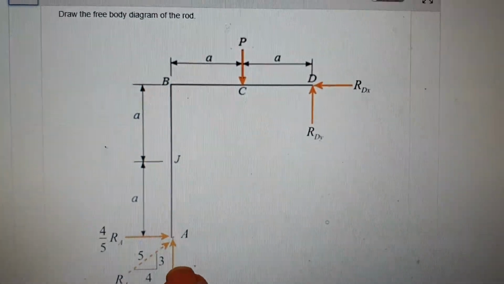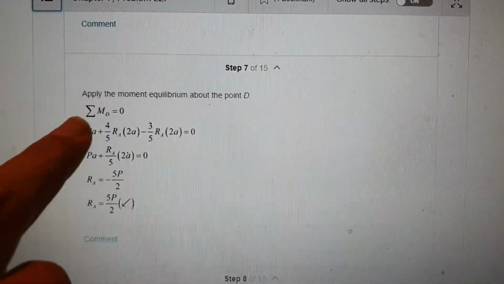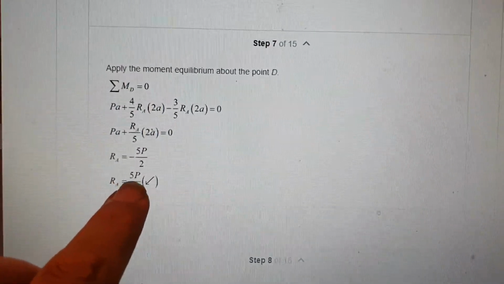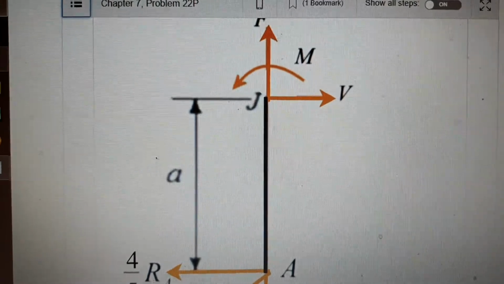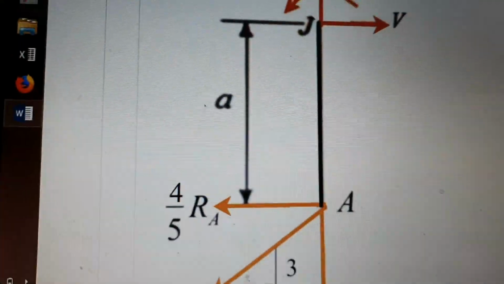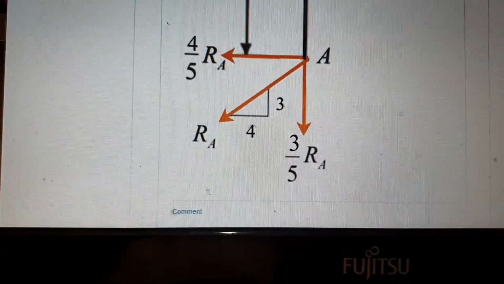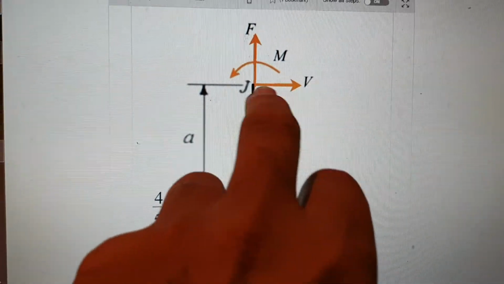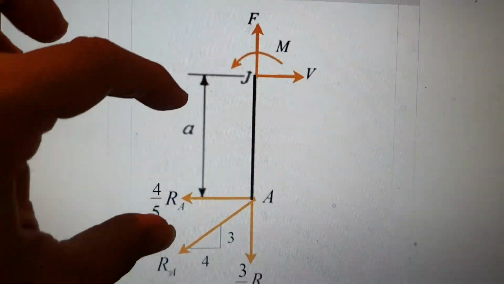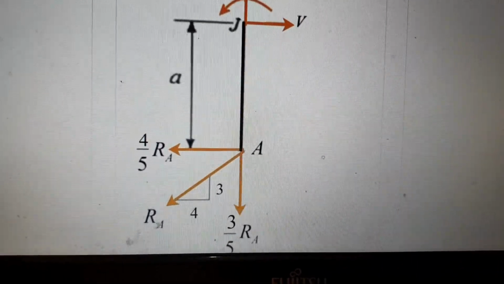You have everything, RA as a function of P. Summation of moment equal to 0, so RA is equal to 5P over 2, and then you could take the internal point G. So the shear, the axial force, and then the moment, and here A, and then you could do the same approach: summation of forces at X, summation of forces at Y, and then summation of moment at G to find the moment.